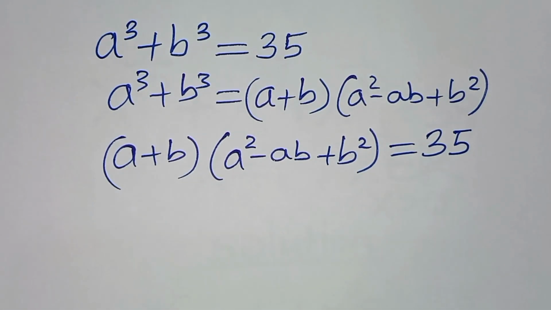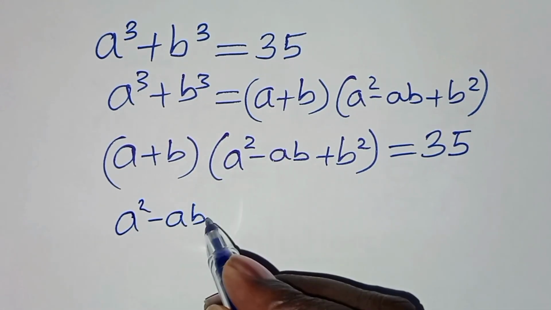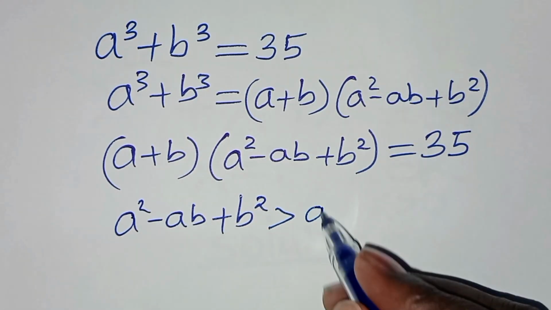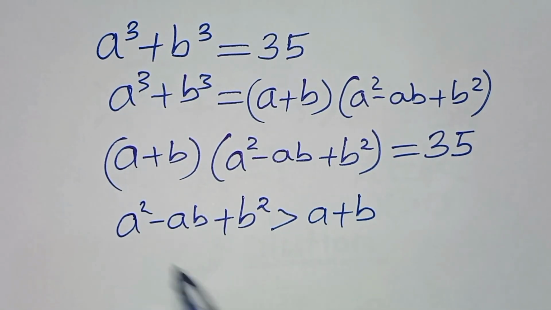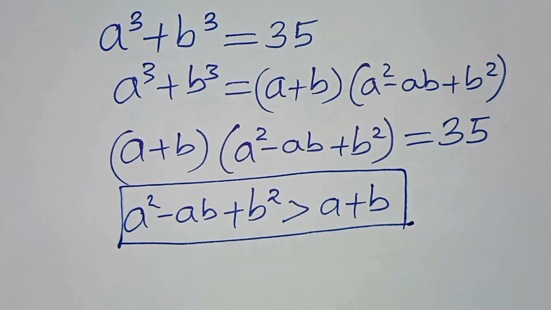The next step from here, we find that a squared minus ab plus b squared is greater than a plus b. This is the condition that we need to satisfy.